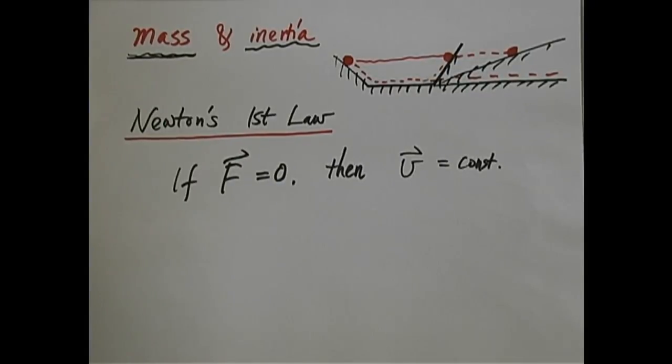In other words, it's going to take twice as much effort or twice as much force to cause the same change in its status of motion. That is the idea of mass. So everything has inertia, which means everything has a mass. But how much mass it has, that varies from object to object. So that is Newton's first law.